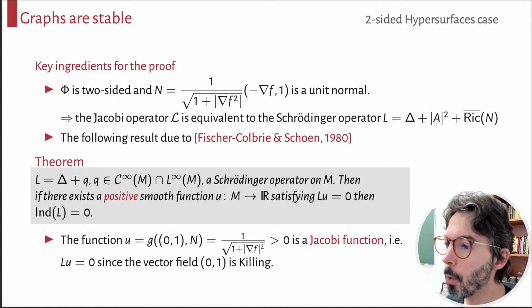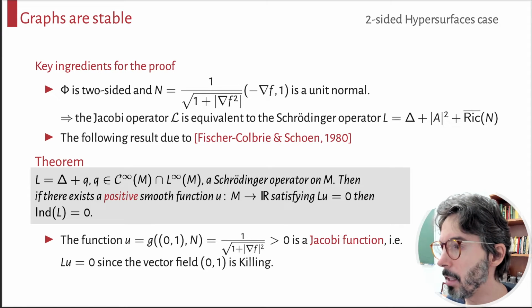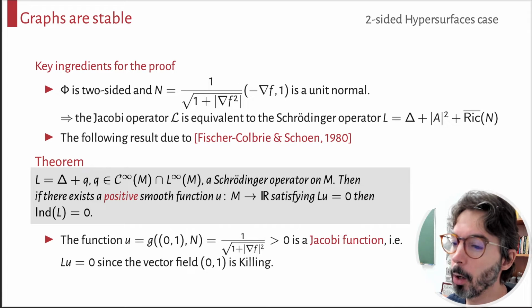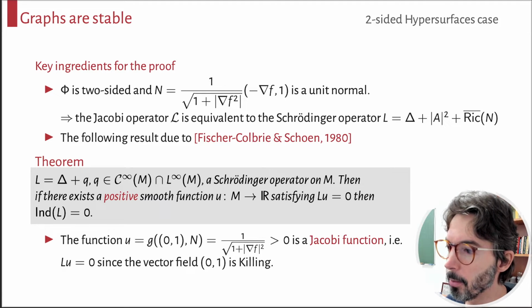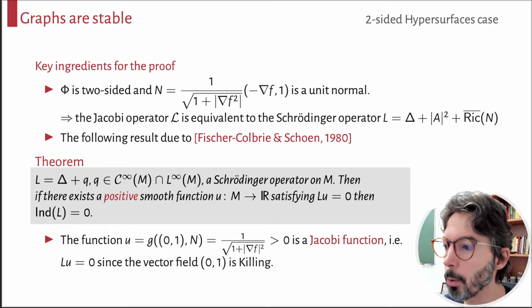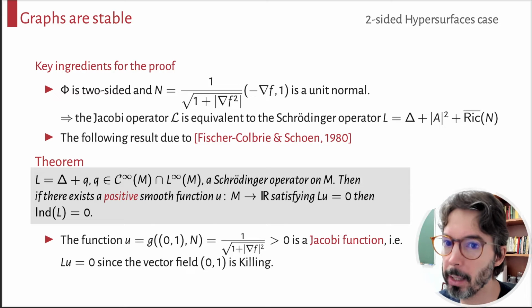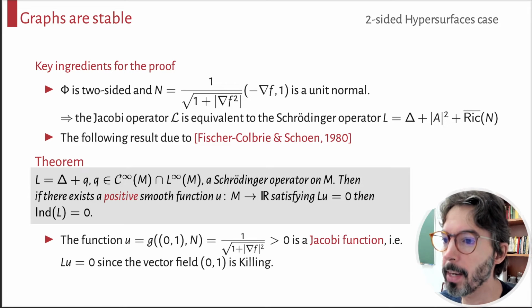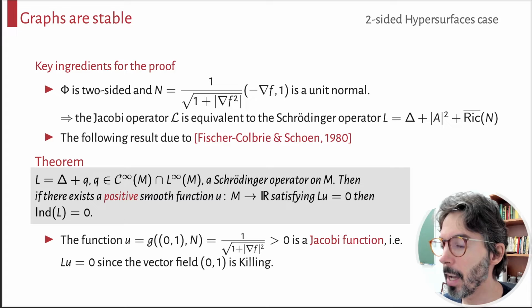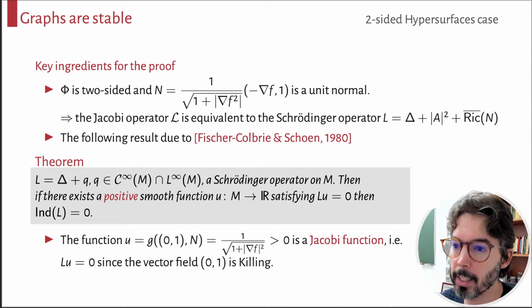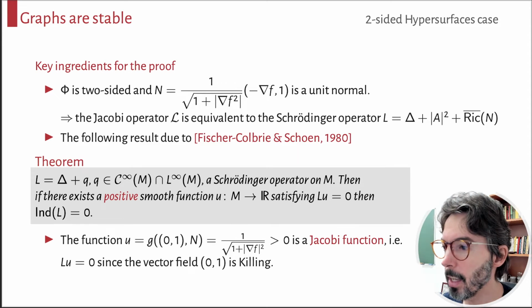Now we apply the following result due to Fischer-Colbrie and Schoen in the 80s, which is an abstract result for the Schrödinger operator. It says that if we are able to find a positive smooth function which is in the kernel of the operator, then the index of the operator, that is the number of negative eigenvalues, is 0.